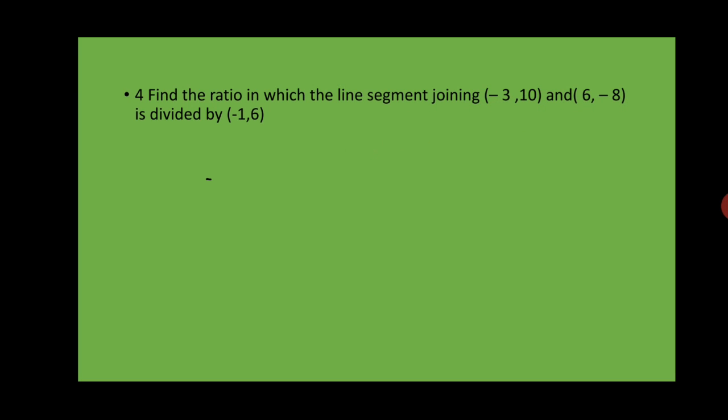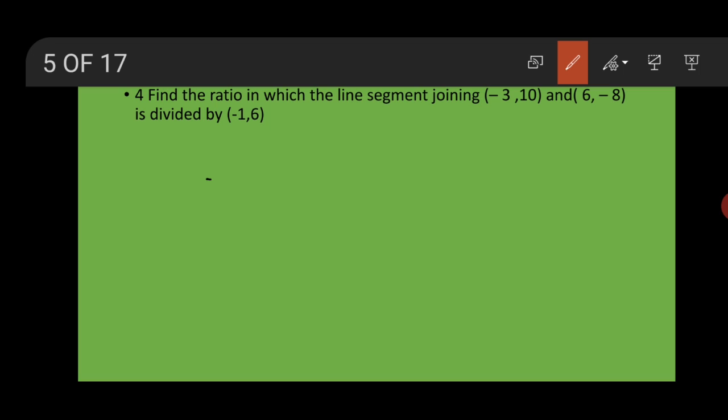Now let us solve question number 4. Find the ratio in which the line segment joining (-3, 10) and (6, -8) is divided by (-1, 6). Read the question carefully and see what is given and what is asked.